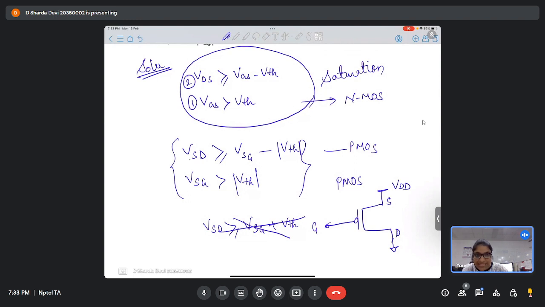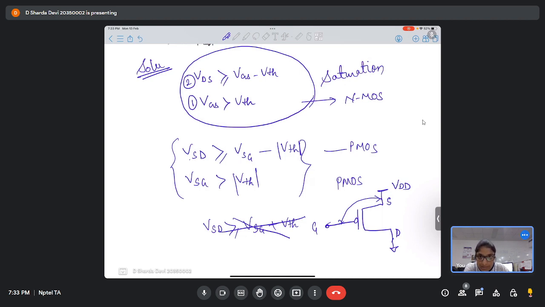So VSD is positive. Similarly VSG is also positive because source is at higher potential than gate. But when we talk about VTH, for PMOS, VTH is always a negative term. So we need to use a mod so that all the terms in our equation are positive. So the signs are balanced.